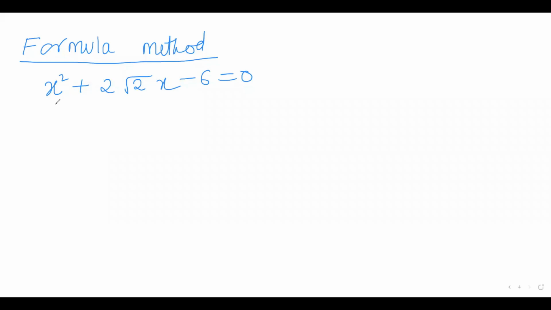Now let us find the roots using formula method. First of all, write down standard form of quadratic equation.